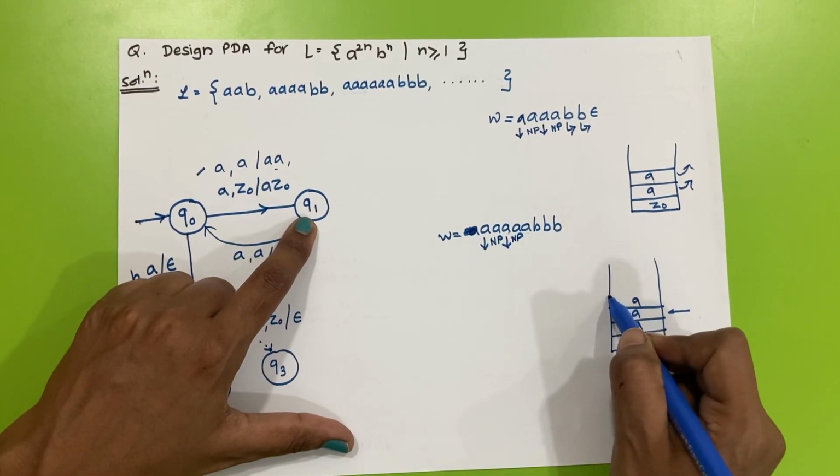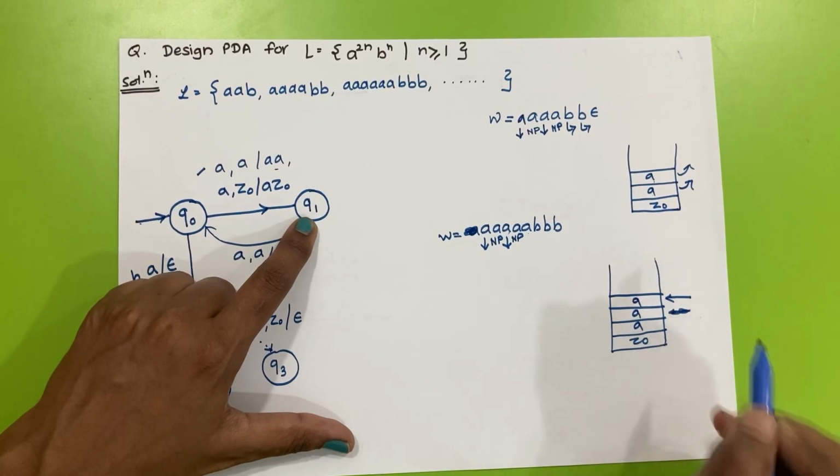The a gets pushed onto the stack and the new top is this last a.